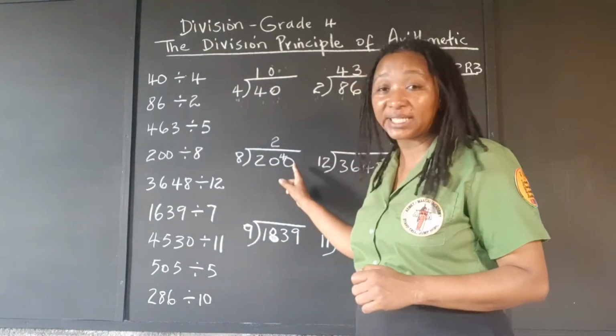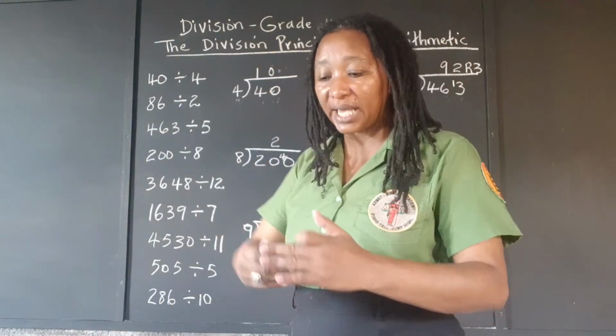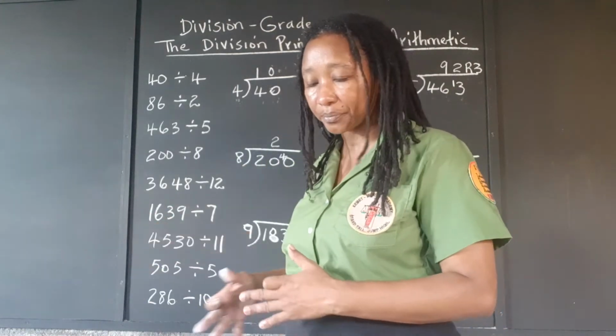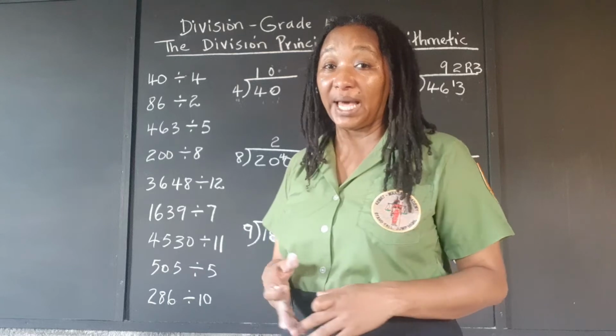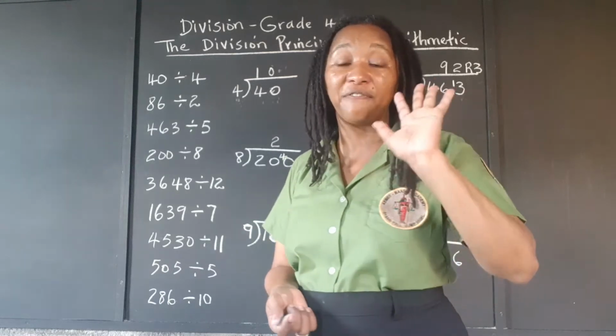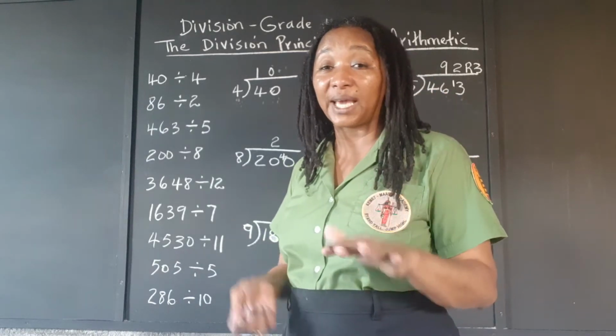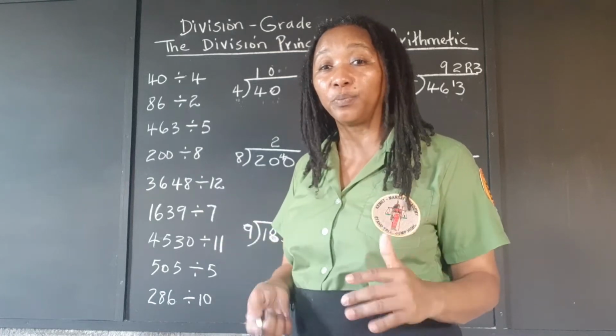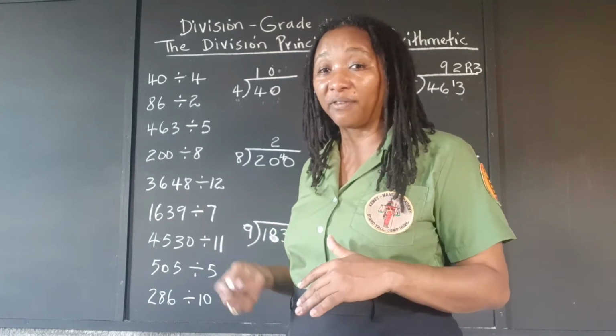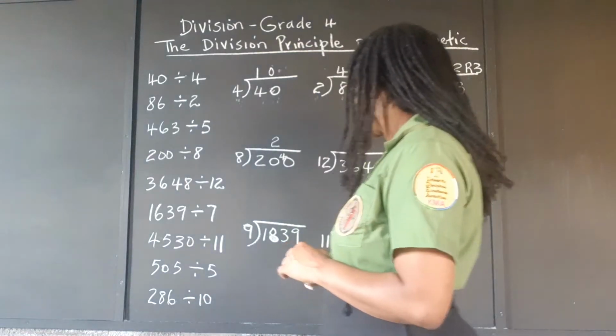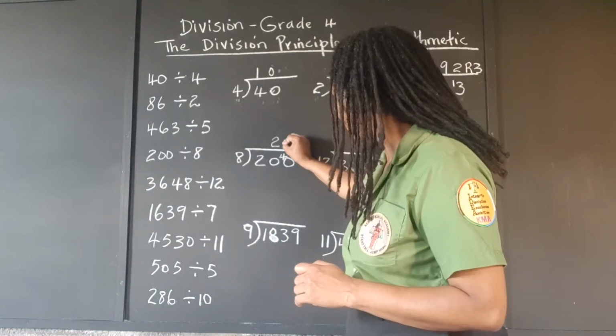So if we have 40 things and we were taking our groups of 8, we would realize that we were able to do that 5 times. We were able to get 5 perfect groups of 8 out of the 40. So we put 5 here.